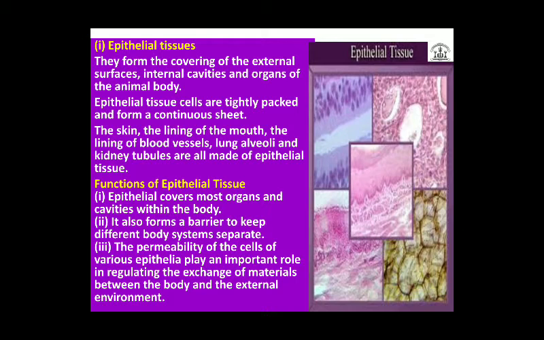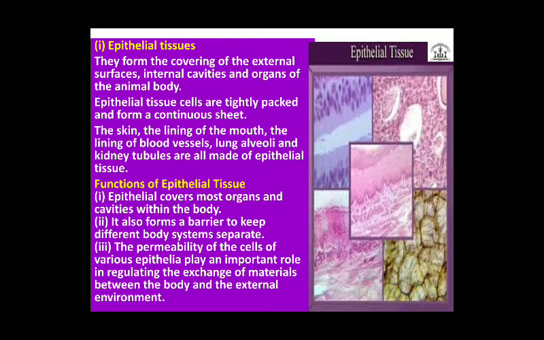Now we'll see the functions of this epithelial tissue. As we discussed, epithelial tissue covers the body, that is, it protects the internal organs. Next, it keeps different organs separate.